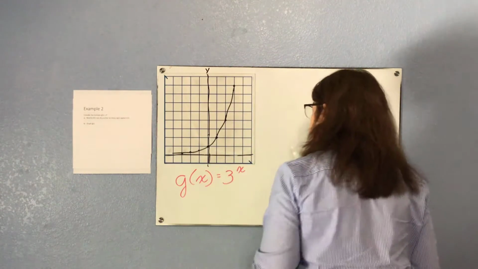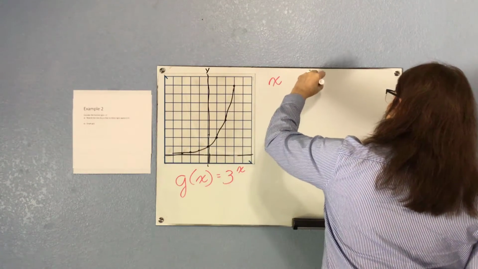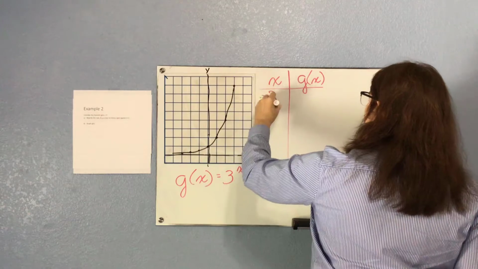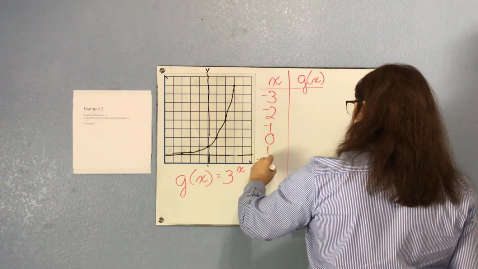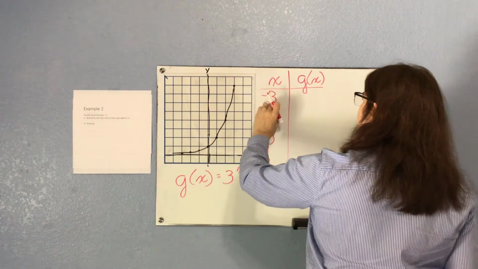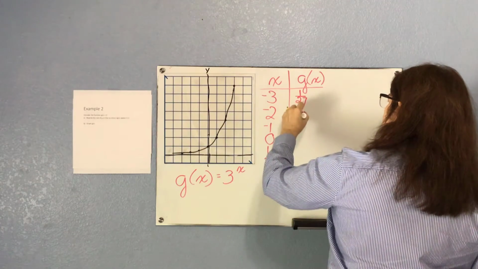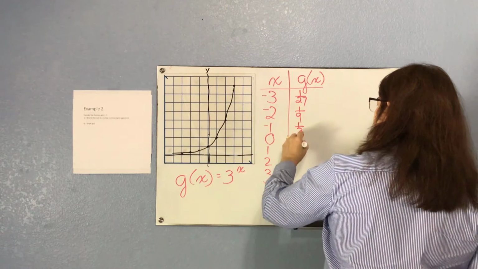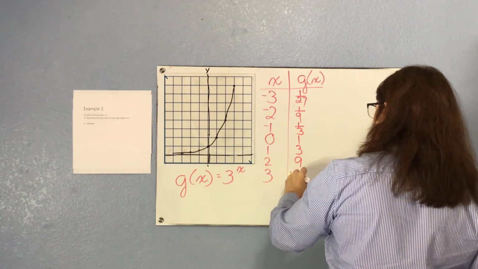If I were to change this graph, say, let's have g of x equal 3 to the x power. So x and g of x. So 3 to the negative 3 power would be 1 over 27. This would be 1 over 9. 1 over 3, 1, 3, 9, and 27.